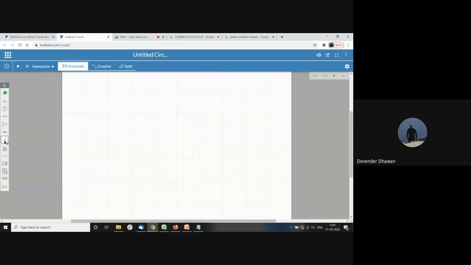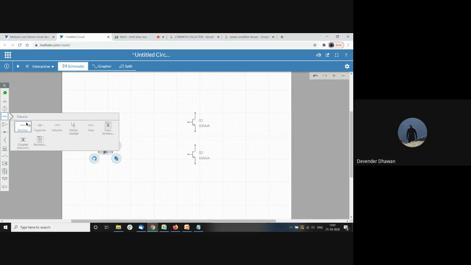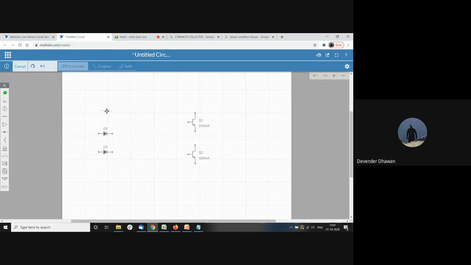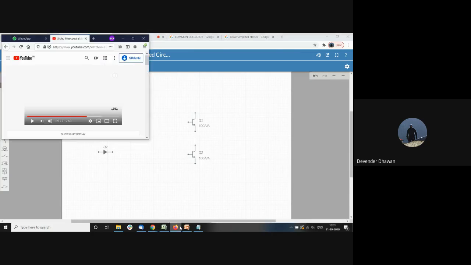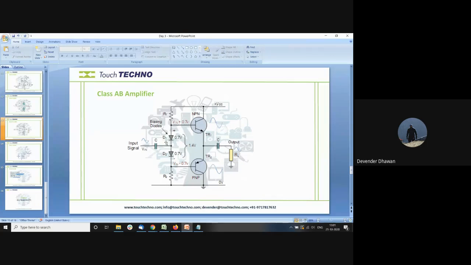So NPN transistor, PNP transistor, diodes, capacitors, resistance, capacitor, resistance.